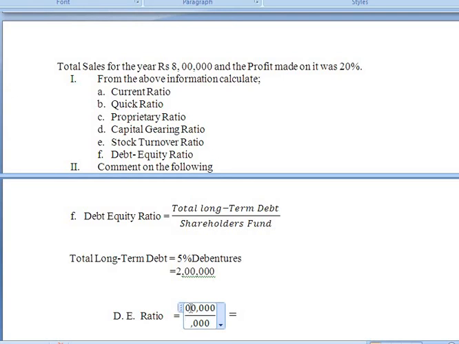So first write here 2 lakh divided by 8,22,000. 2 lakh divided by 8,22,000 is equal to 0.24:1.